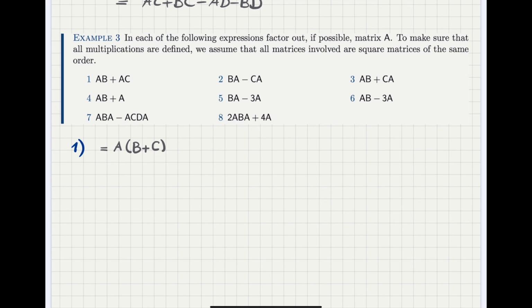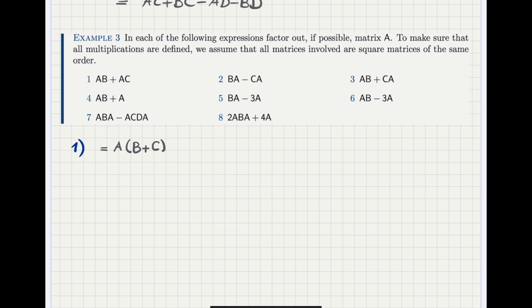You are not allowed to a priori assume that these matrices are commuting, unless this is directly given in the problem, or this is among those categories of matrices that you have knowledge about their commutativity. But here we don't know. We just know that A, B, and C are matrices. I don't know anything else about them, so I'm not allowed to presuppose that these matrices are commutative.